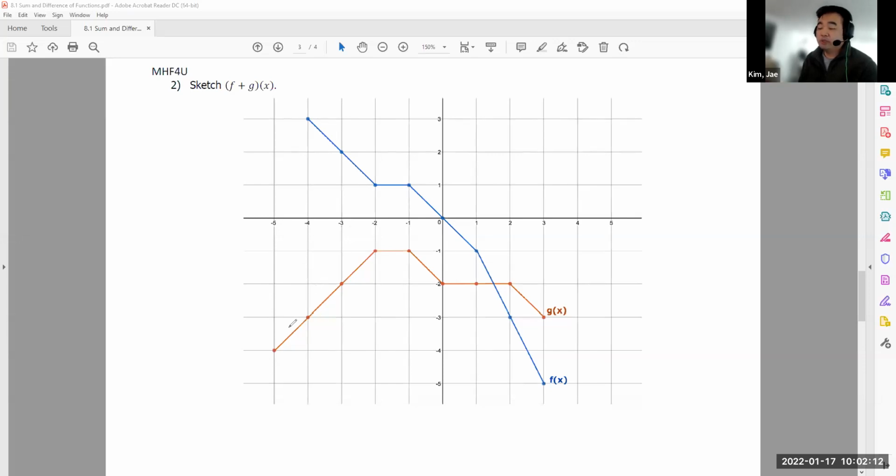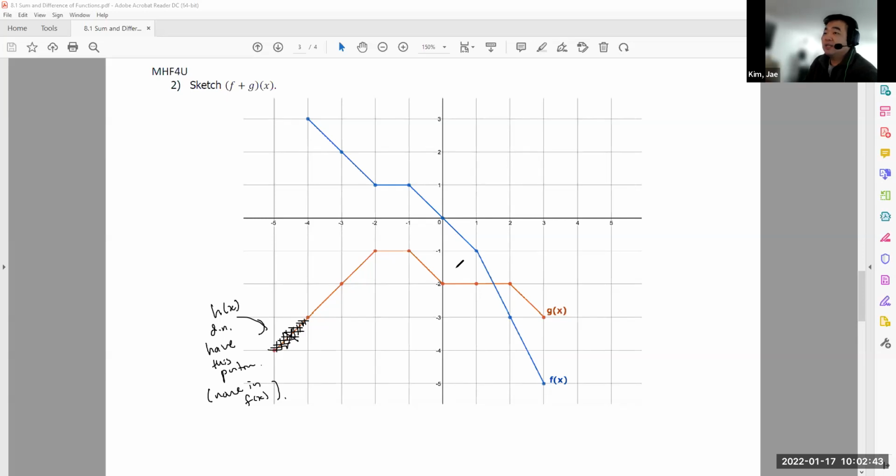By definition, the domain must be common for both, right? So it's not that g of x loses it, but I'm doing this so that you remember h of x does not have this portion, because none in f of x.